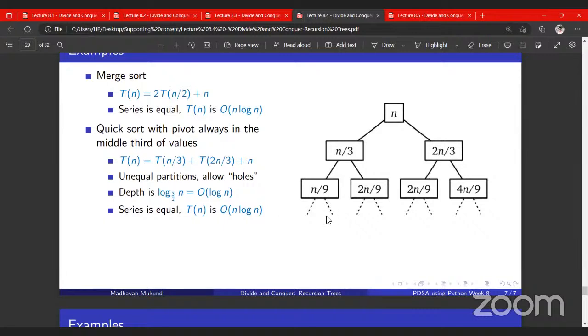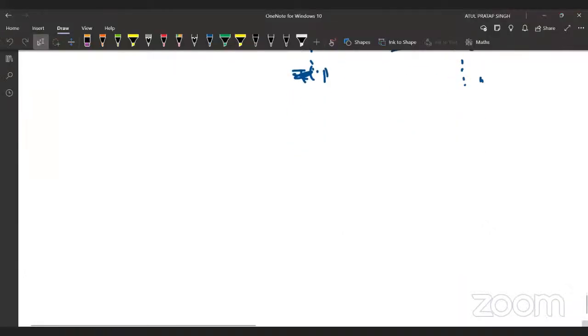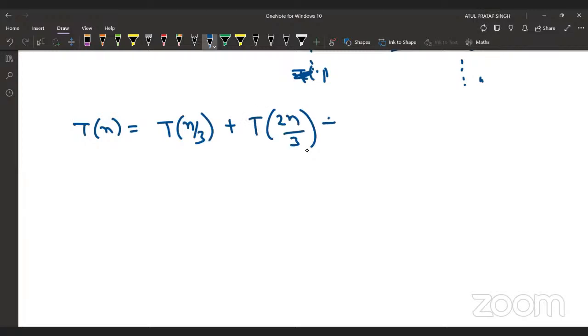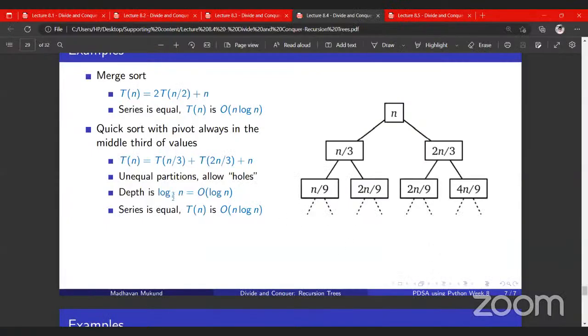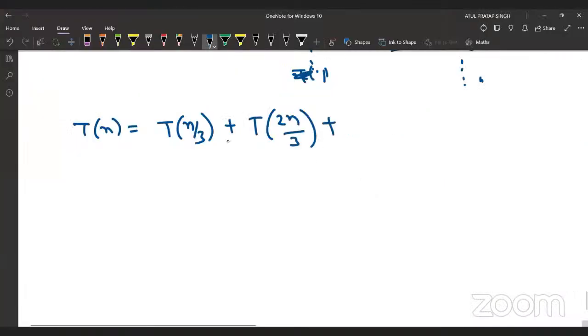The right one will complete late, I guess, because it's 2n by 3. Okay, so T(n) is equal to T(n/3) plus T(2n/3) plus n.